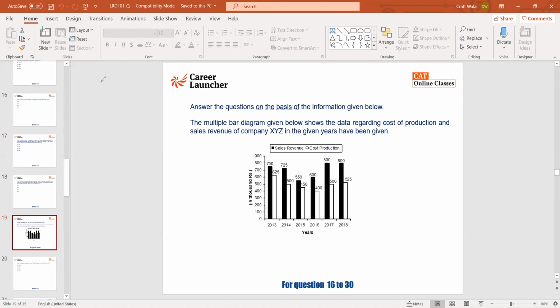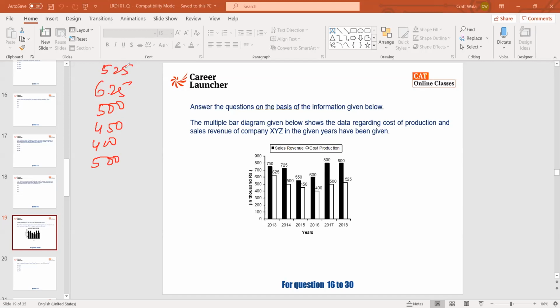Costs of production are 625, 500, 450, 400, 500 and 525.